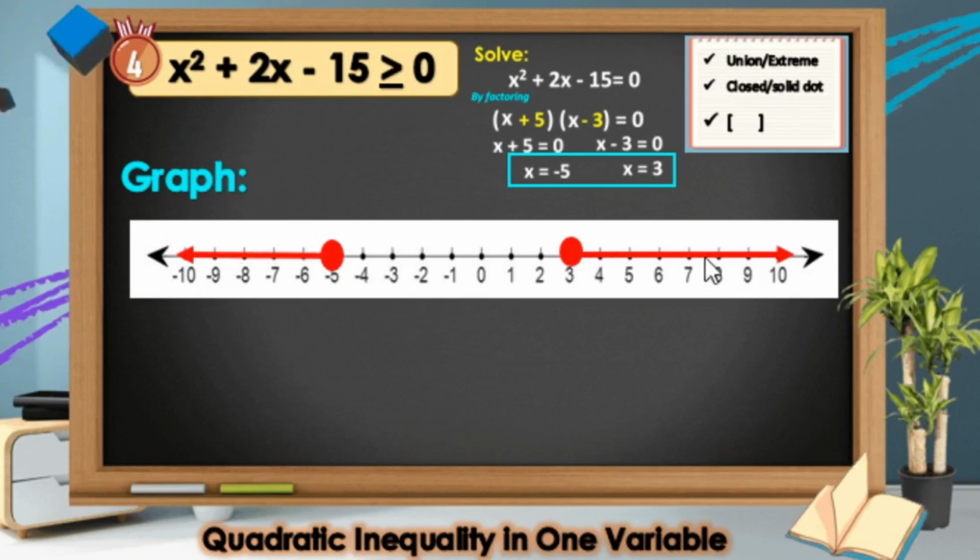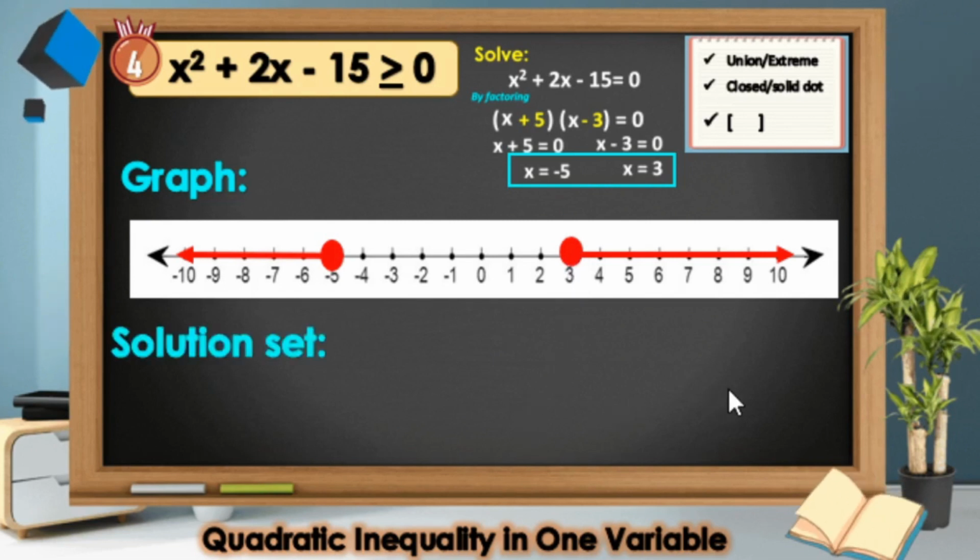It means that the points that lie on this region at saka dito are part of the solution. So, solution yung 4, 5, 6, 7, so on and so forth, at saka negative 6, negative 7, negative 8, so on and so forth. At yung negative 5 at saka yung positive 3 kasi sila ay closed dot. So, they are also part of the solution.